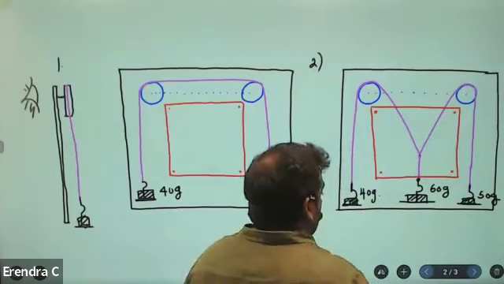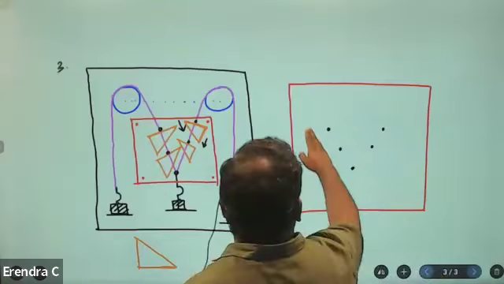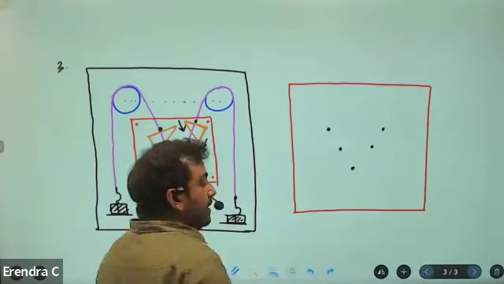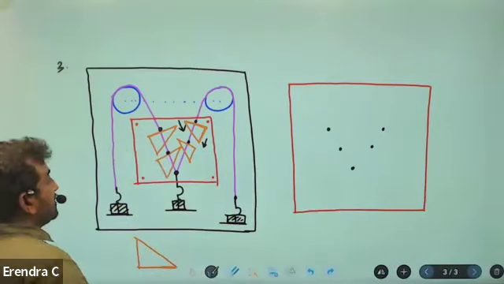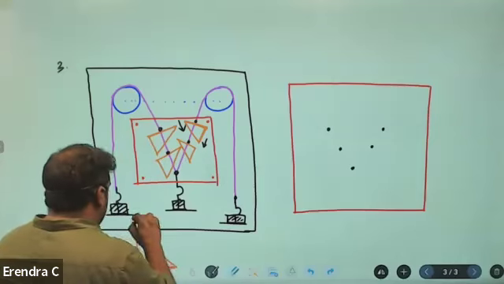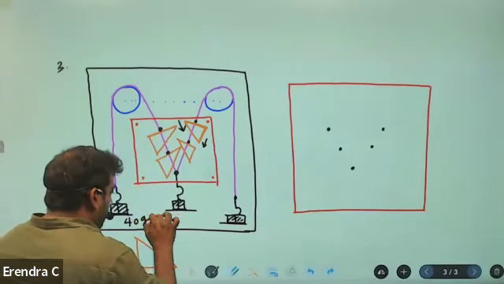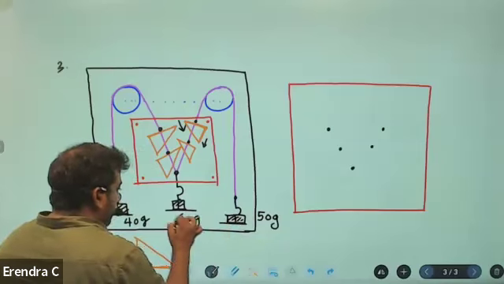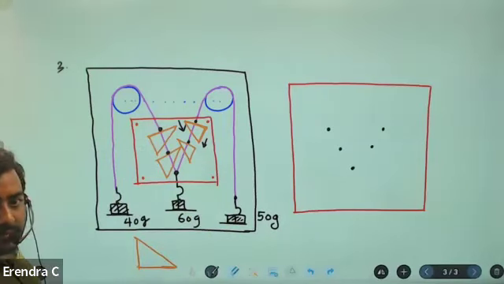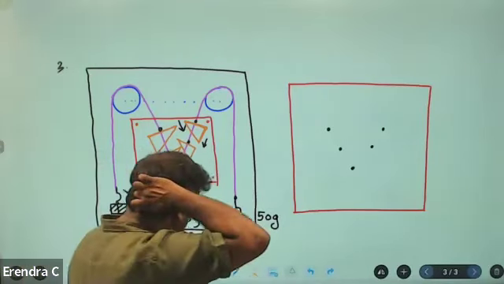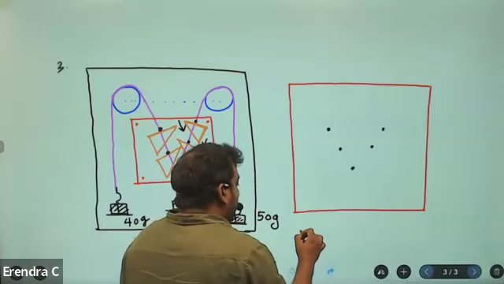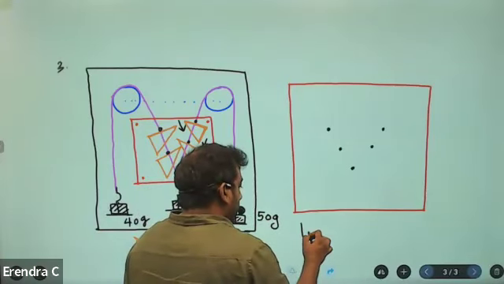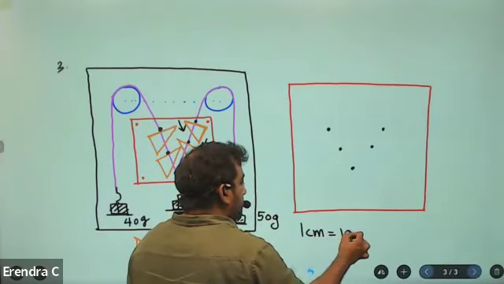Now what you're going to do? We have three lines, dots there. We will take a suitable scale. So here, whole thing is 40. Whole thing is 50. Whole thing here is what? 60. Look at the board carefully. I will take 1 centimeter equals 10 grams.